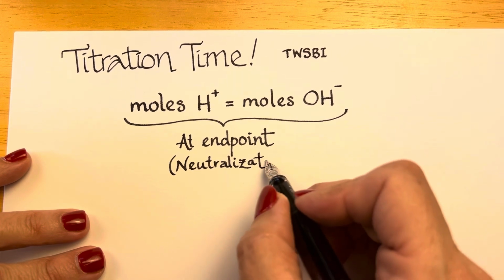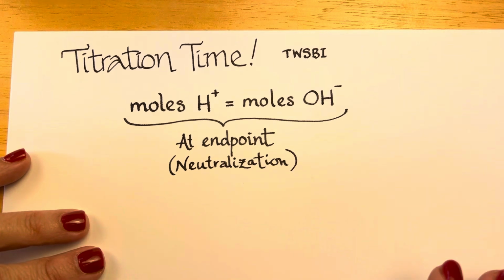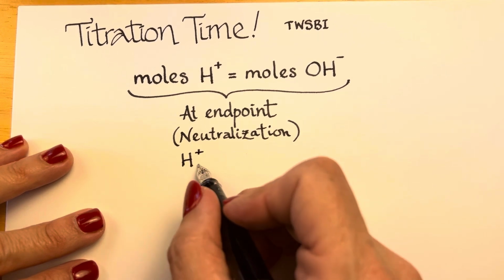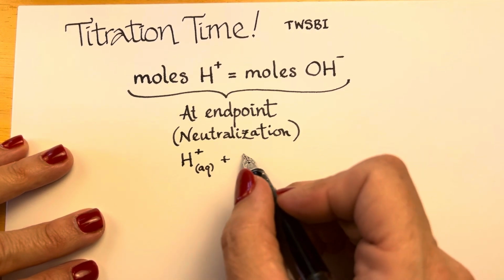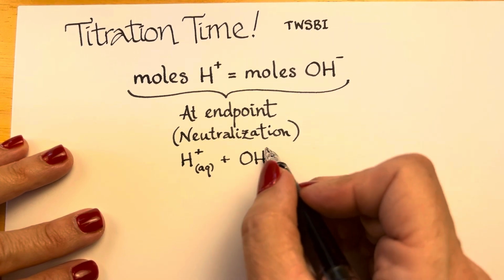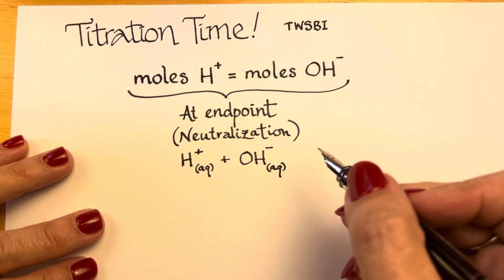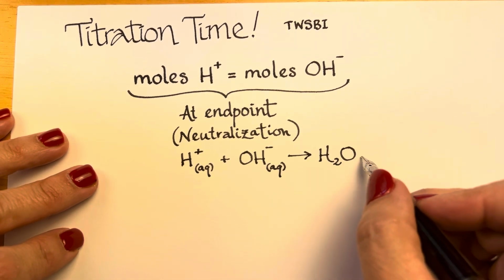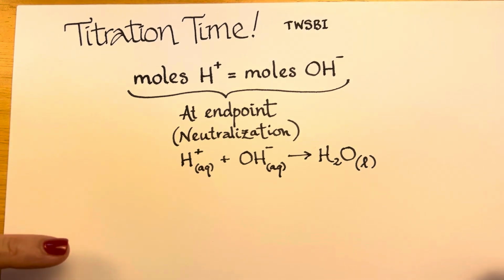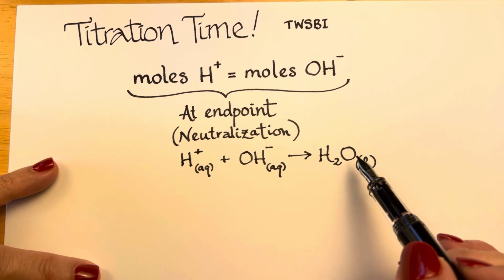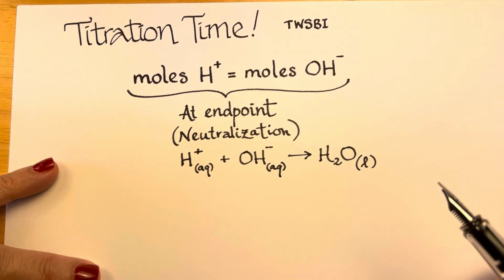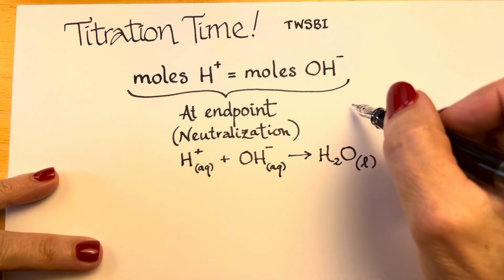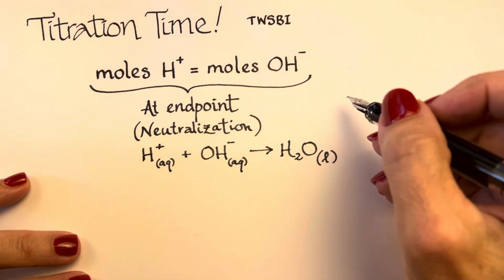Where the net ionic equation, which we have talked about before, is very common, and that is using an indicator.